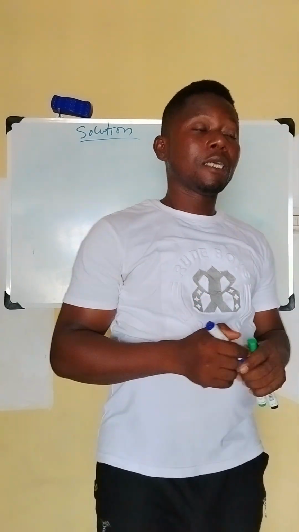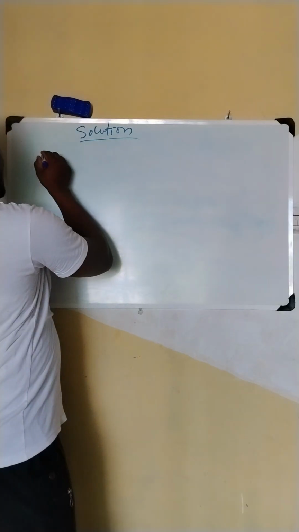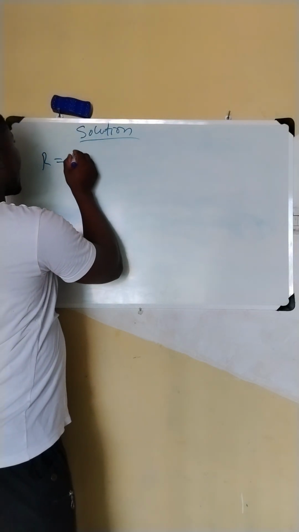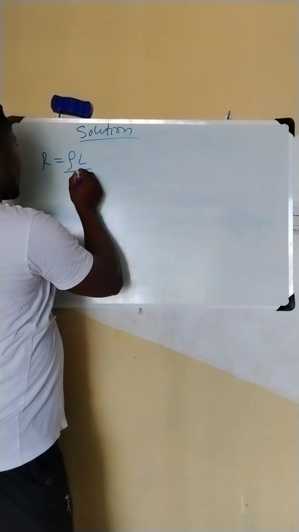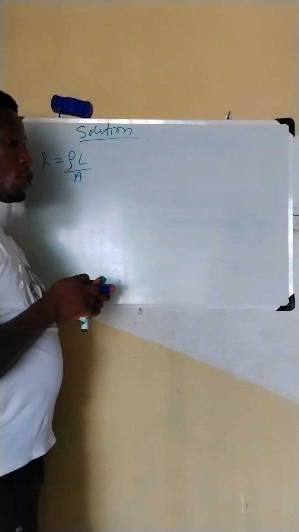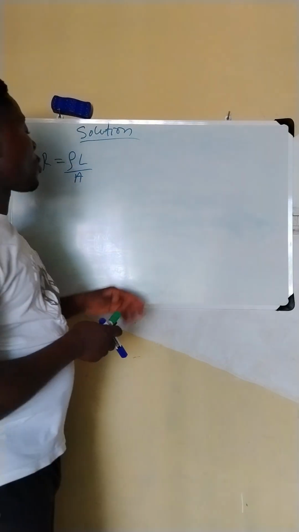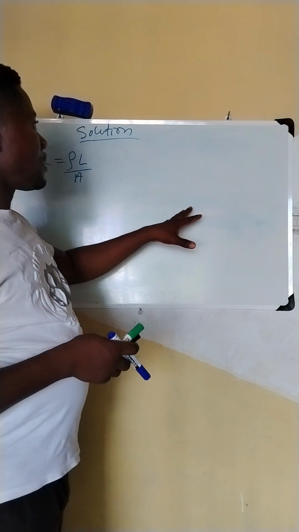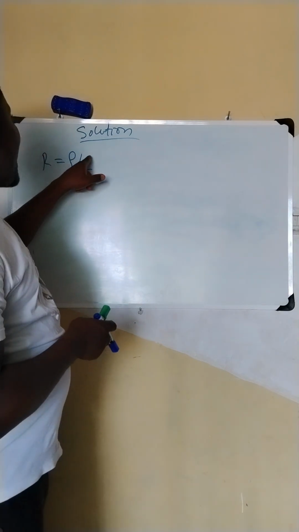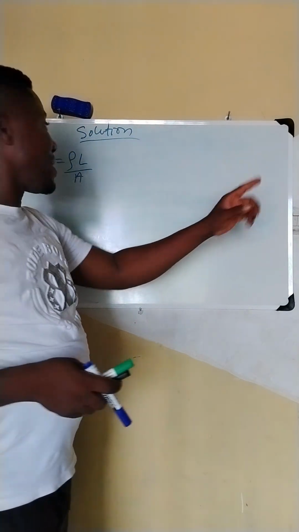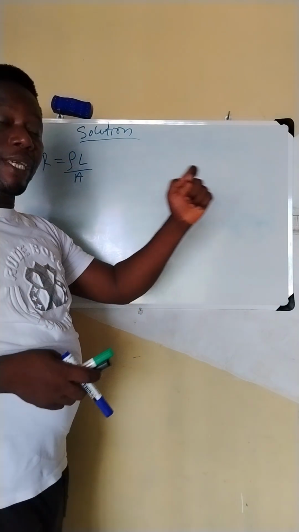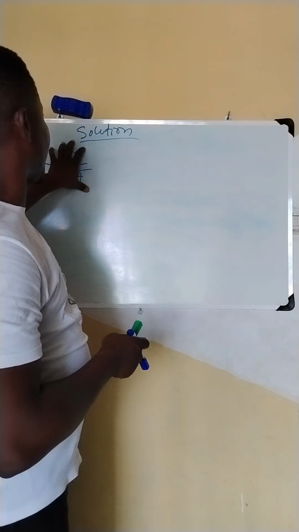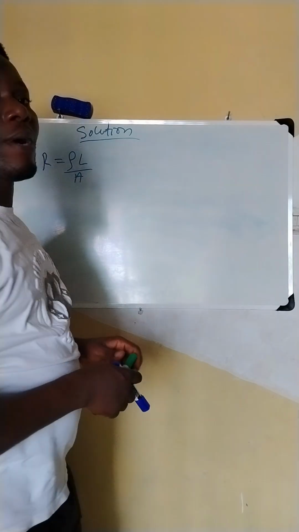So here you write down the formula that R is equal to resistivity multiplied by length all over area. Now, what you should do is very simple. For you to substitute those values, once you understand that length is measured in meter, that area is measured in square meter, and the resistivity is measured in ohm meter, just substitute the values into this formula and you get your answer.